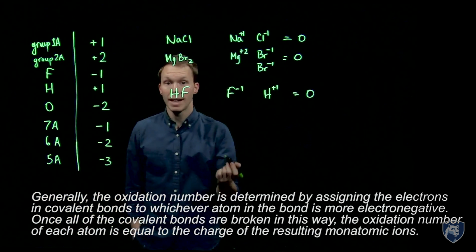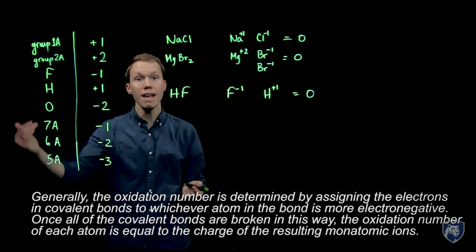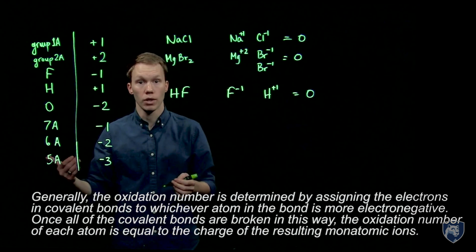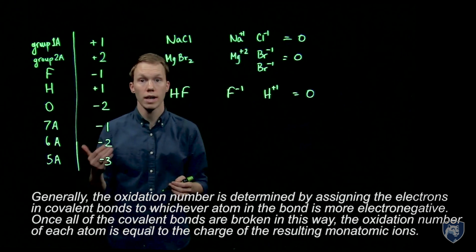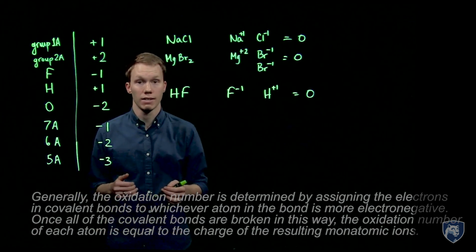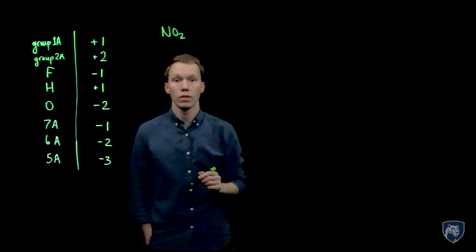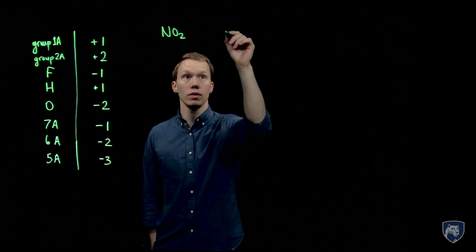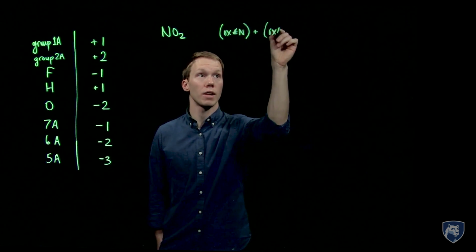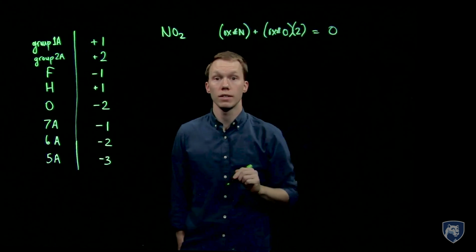So let's look at some examples of where we can apply this list in order and where we may violate one or more of the rules below so that we can satisfy rule number 3. So we need to follow these rules in order, and it's okay if we break one that comes after those in the list here. Let's use NO2 as an example. So we know that this is overall neutral, so the oxidation number of nitrogen plus the oxidation number of oxygen times 2, there are 2 of them, must add up to 0.